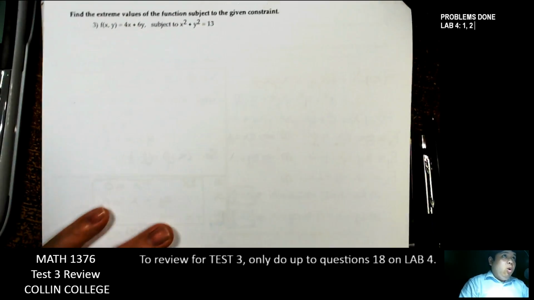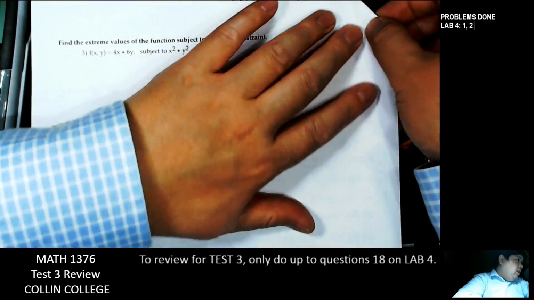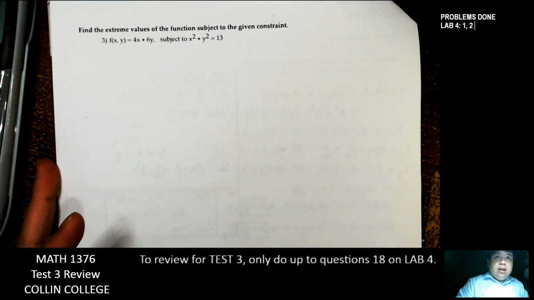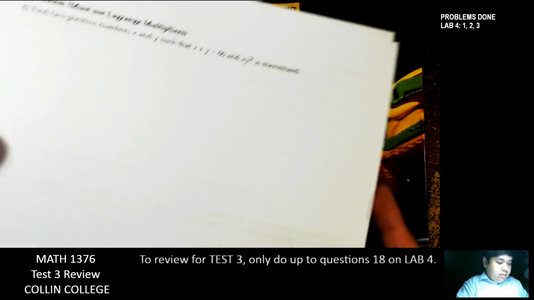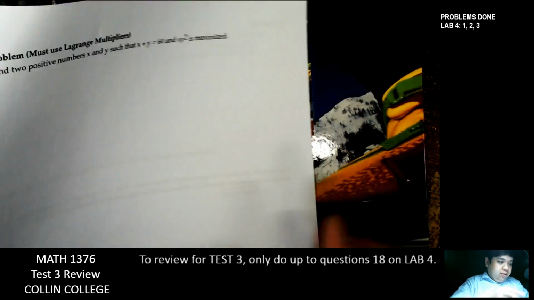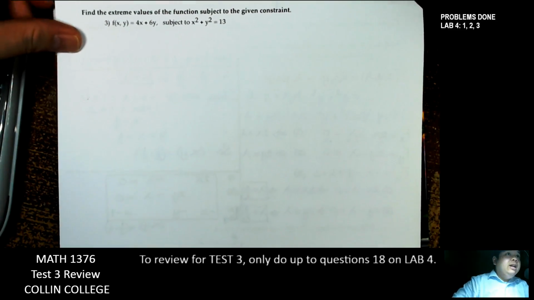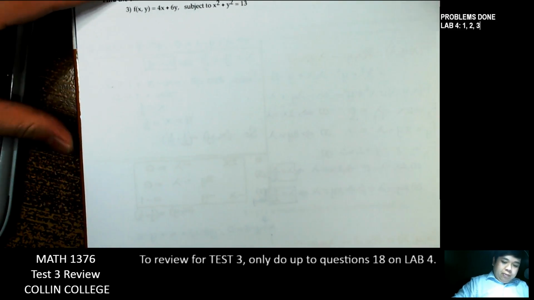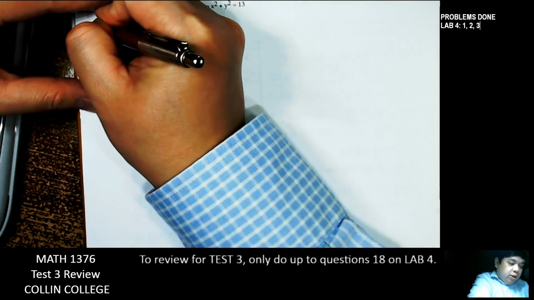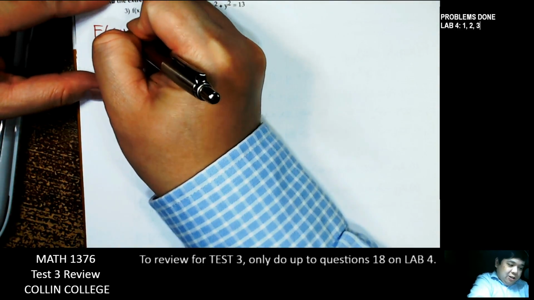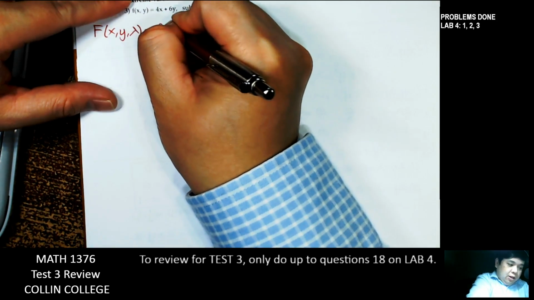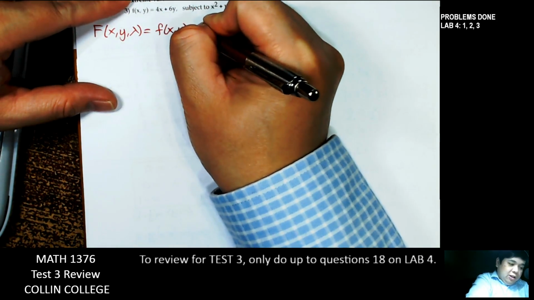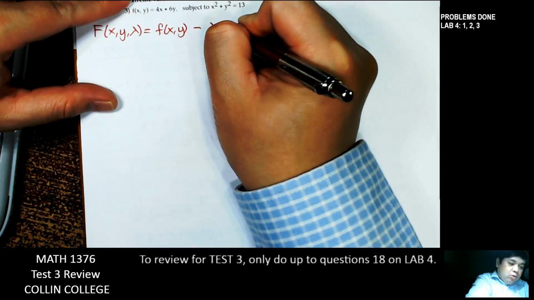This equation we won't be able to use the calculator. First we set up the equation. The function minus lambda g of xy.